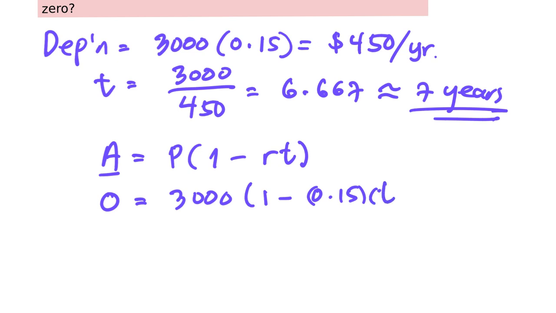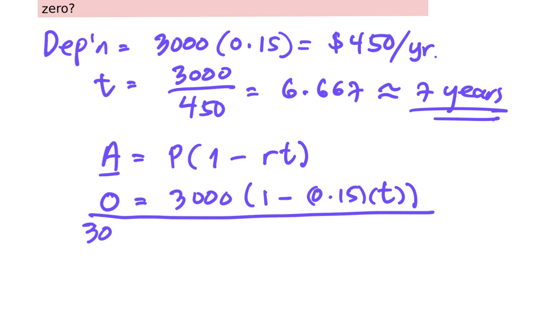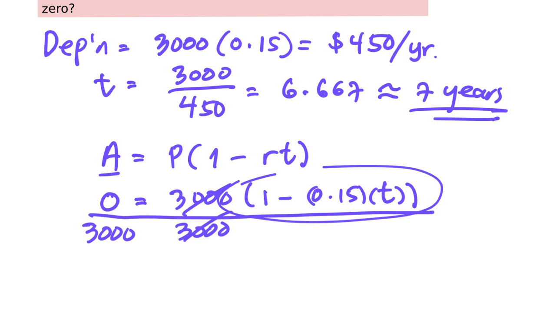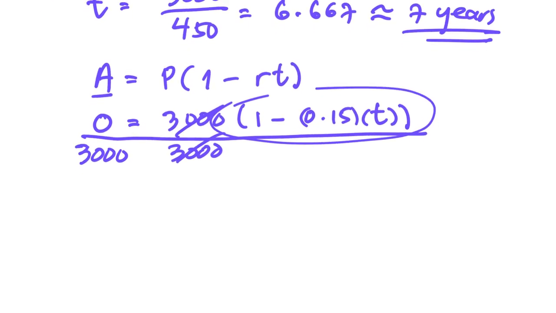We don't know the time in this case. So we're going to divide everything by 3,000 to separate this part. Of course, on the left hand side, it's still going to be 0.